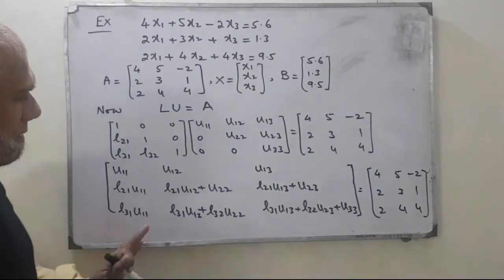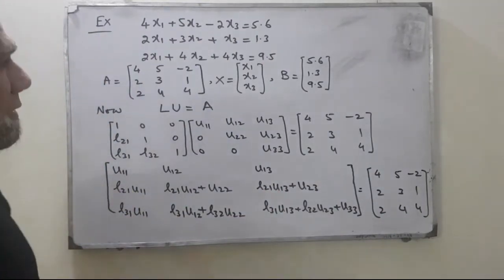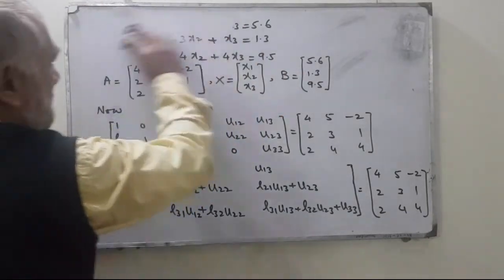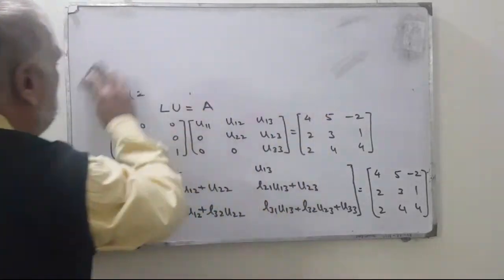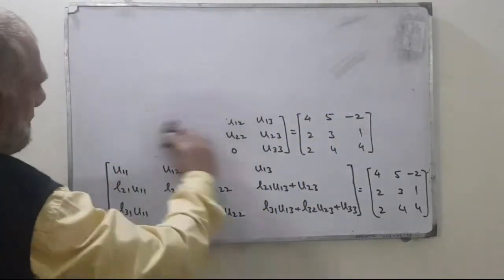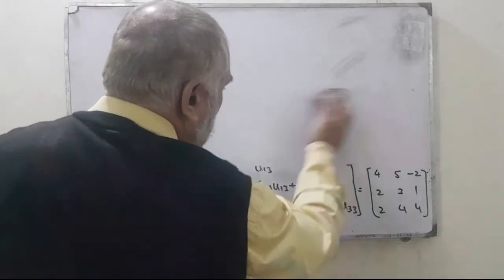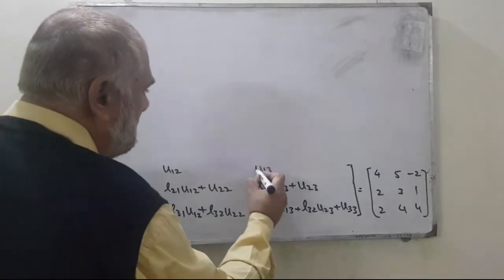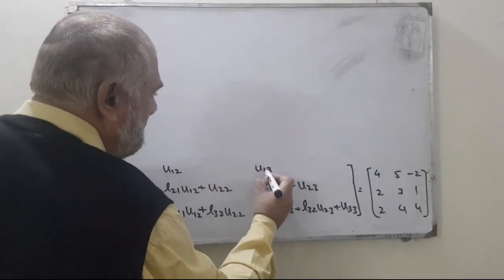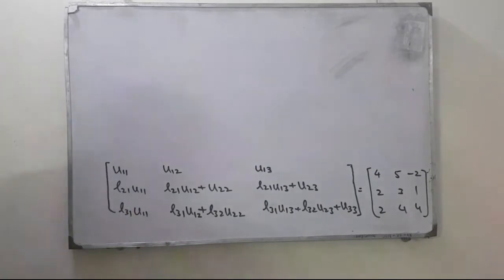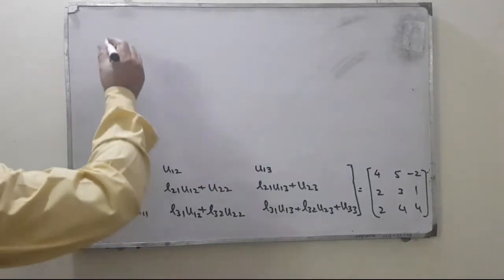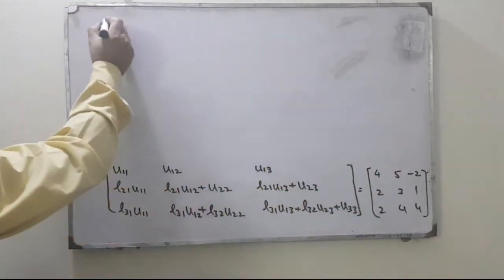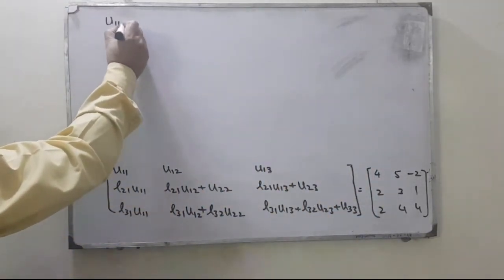Now we are going to compare these two matrices to obtain all the unknowns. You have to keep all these things in mind, and then we can use them once again. If you compare these results, the first entry U11, on comparison with this quantity, gives U11 equals 4.